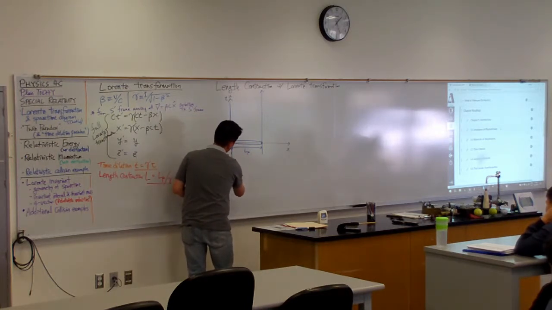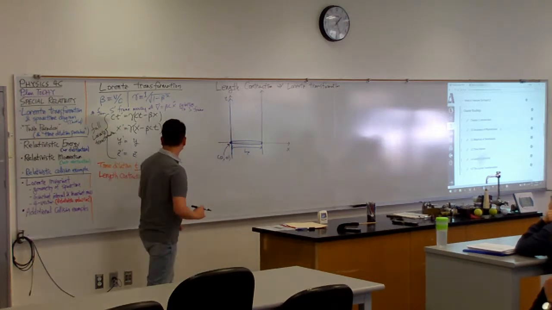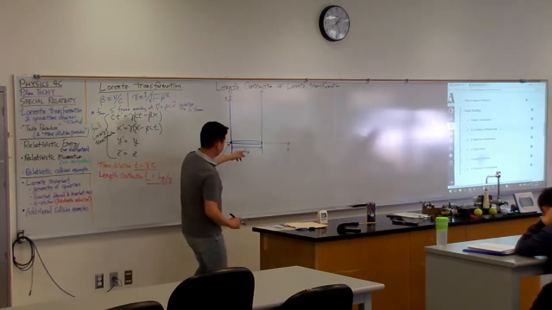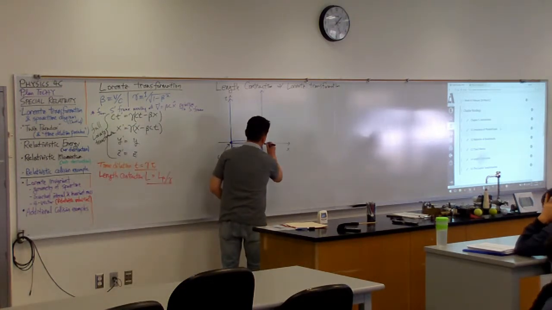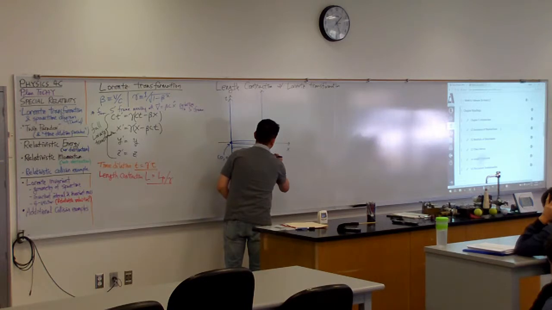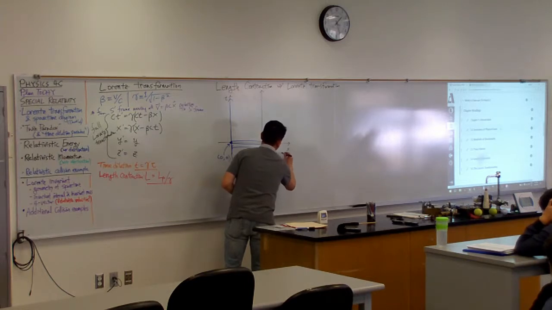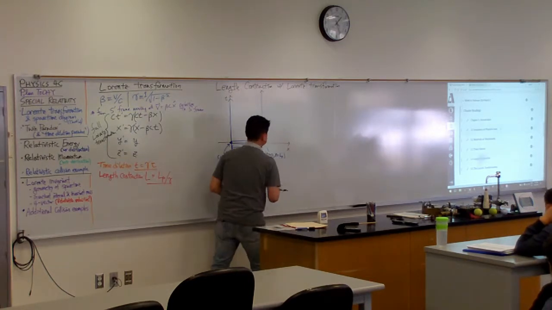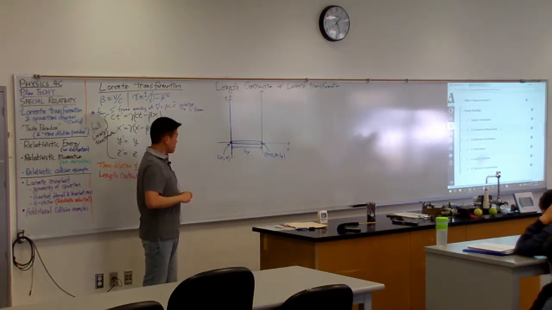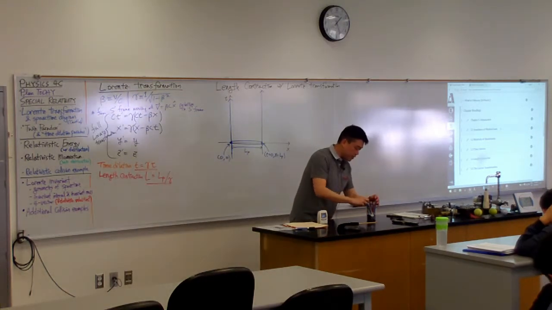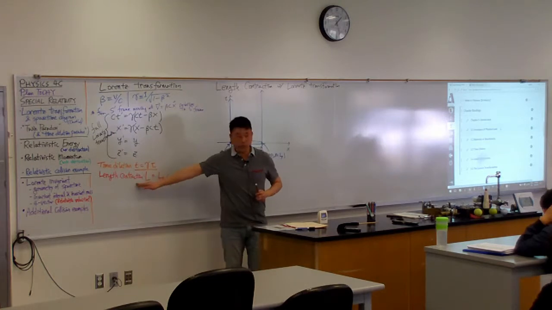This is 0, 0. By the way, I'm going to ignore the y and z coordinates since nothing interesting happens there. And the coordinate of this point here would be, so time is still 0, so along this line here, and the x coordinate is now the proper length.